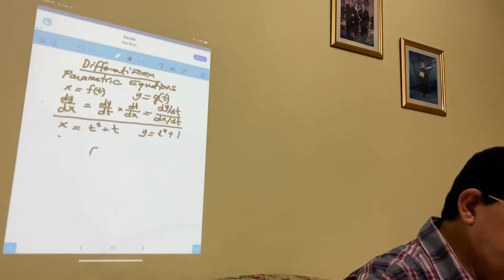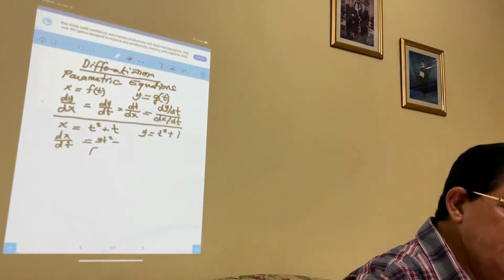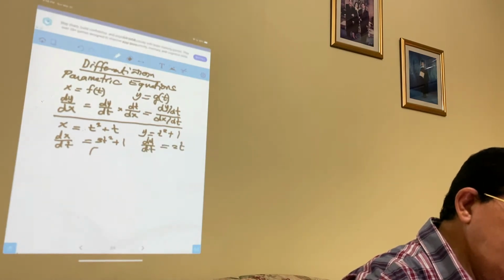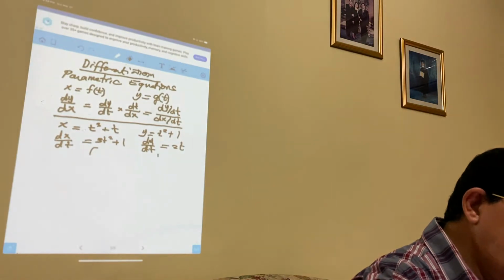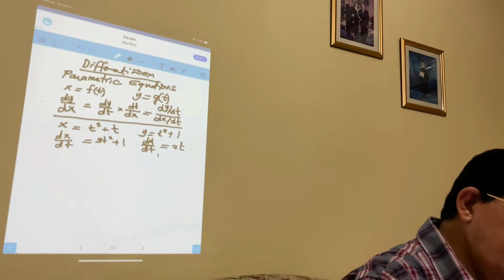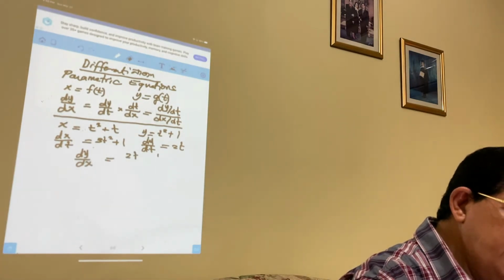So dx by dt equals 3t squared plus 1 and dy by dt equals 2t. Therefore, dy by dx equals 2t over 3t squared plus 1.